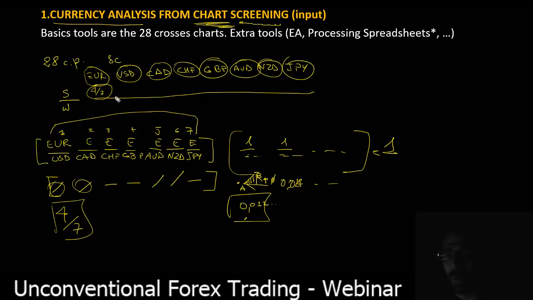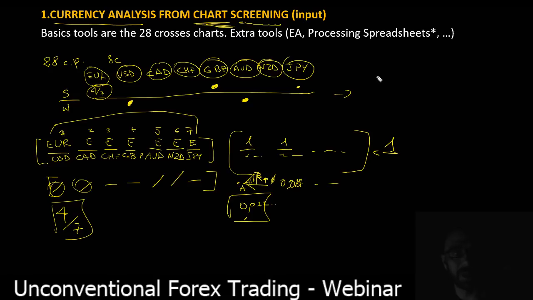So once we have decided this and translated it, the strongest can be GBP, and the second strongest can be yen, and the weak can be dollar and Aussie. This is our output.